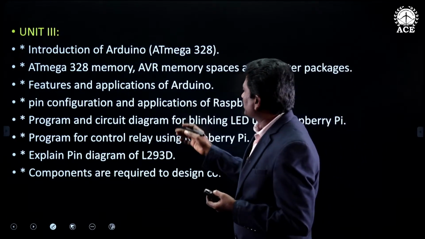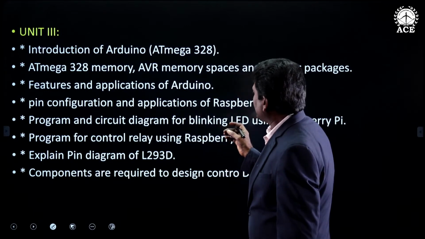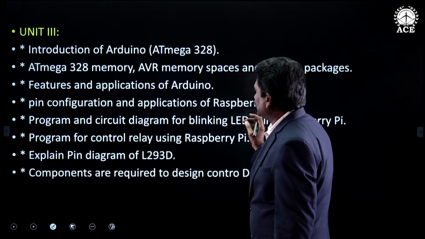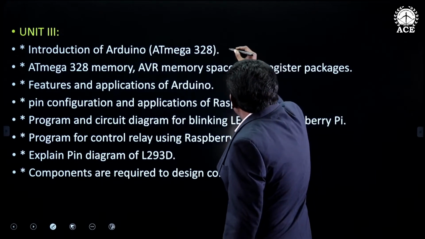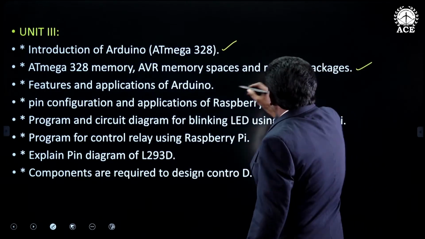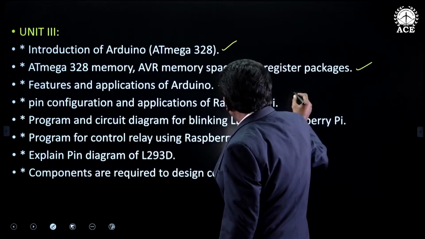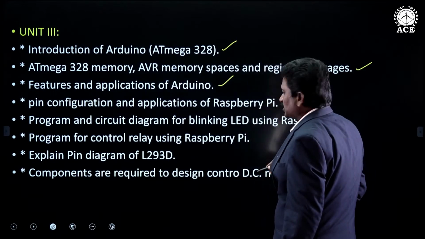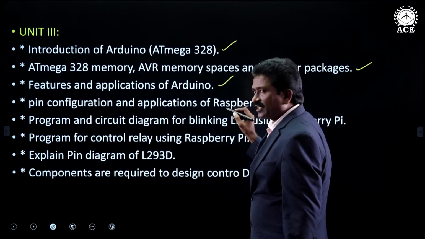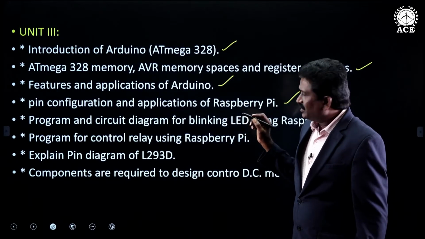Next, features and applications of Arduino. Then pin configuration and applications of Raspberry Pi. The first three topics belong to Arduino. Next topic, pin configuration of the Raspberry Pi. Here Raspberry Pi is the advanced type of ARM controller.